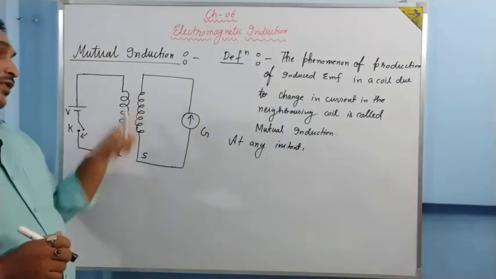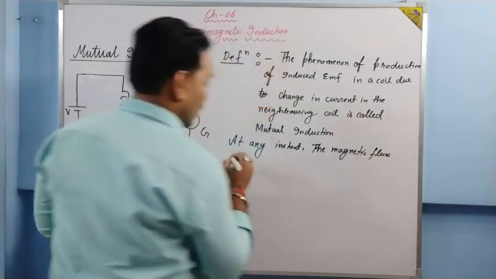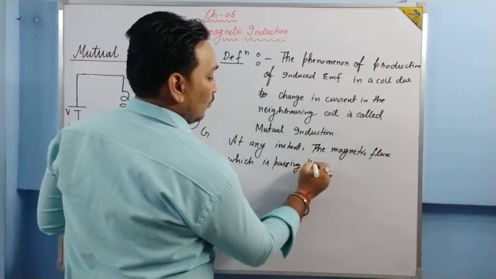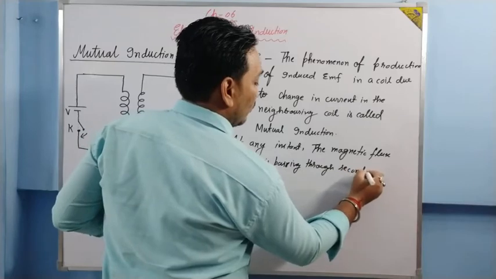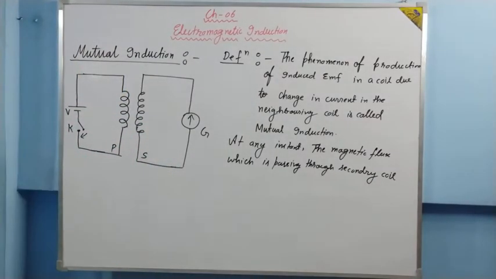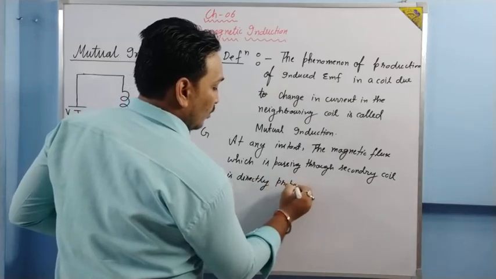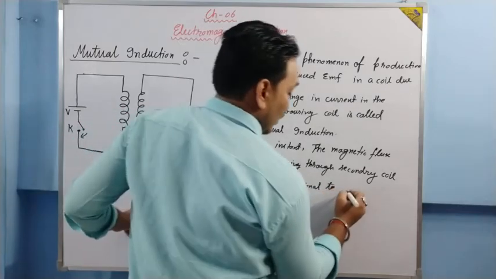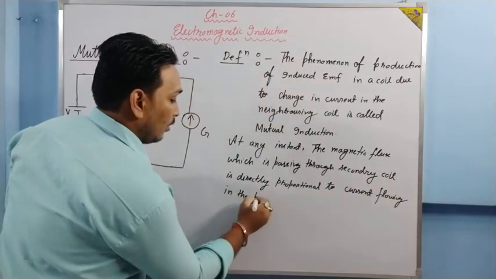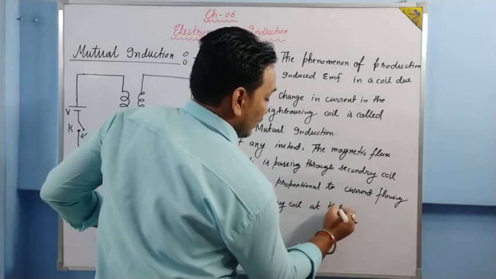So at any instant the magnetic flux passing through the secondary coil is directly proportional to the current flowing in the primary coil at that instant.